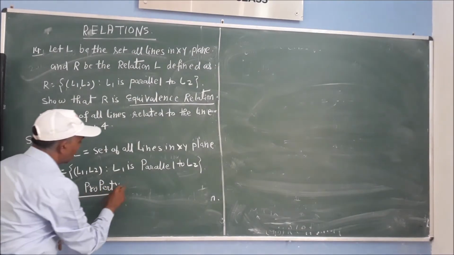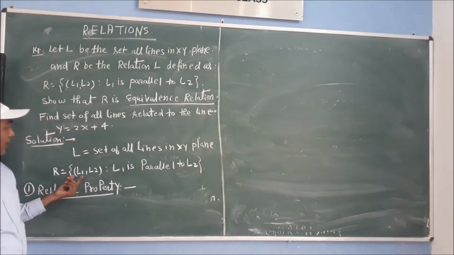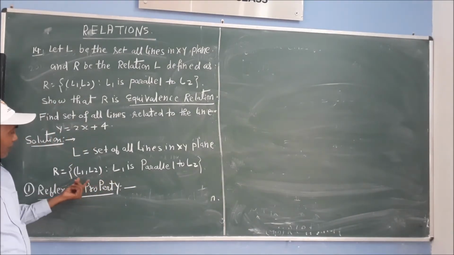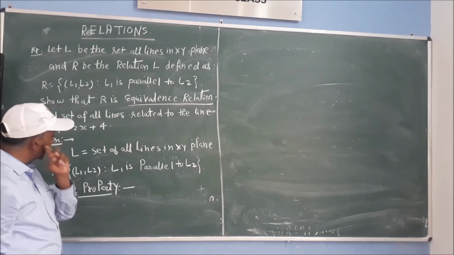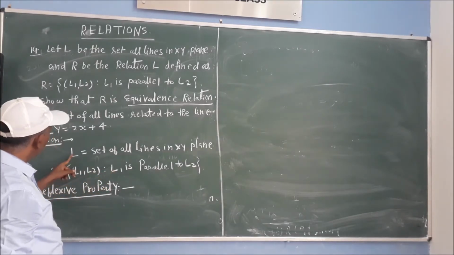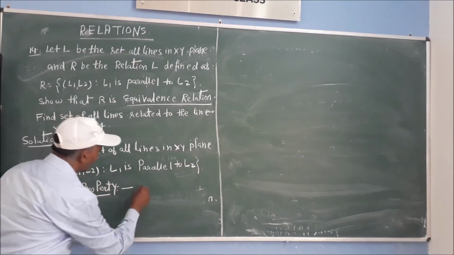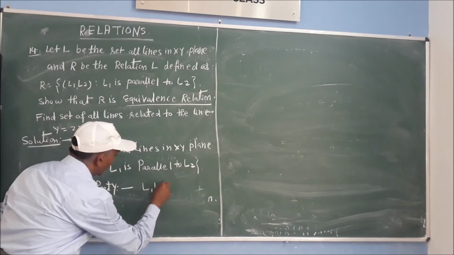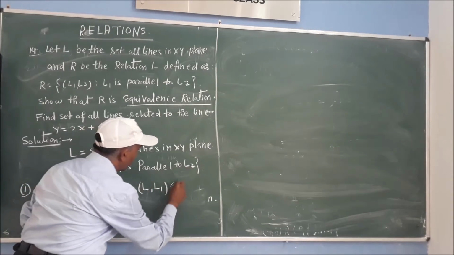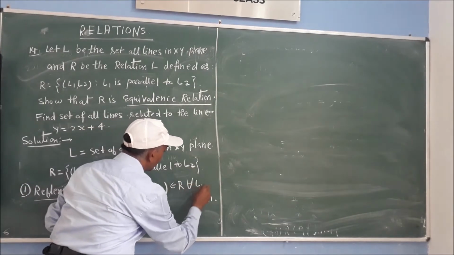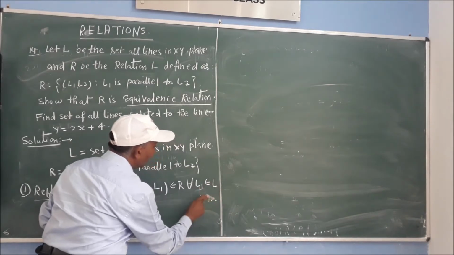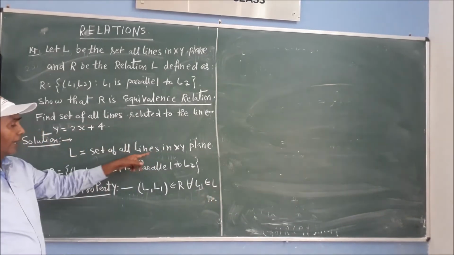For R to be reflexive, we have to prove that (L1, L1) belongs to R for all L1 belongs to L, because L is the set of all lines.